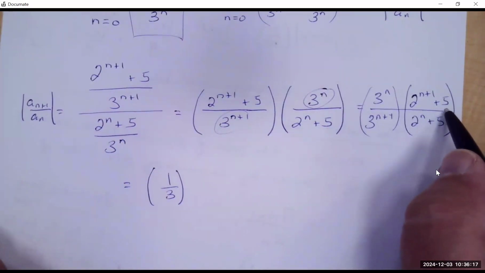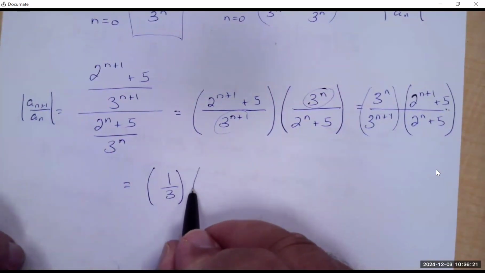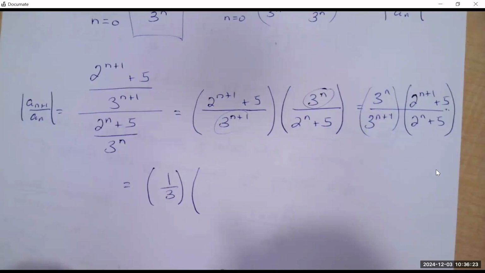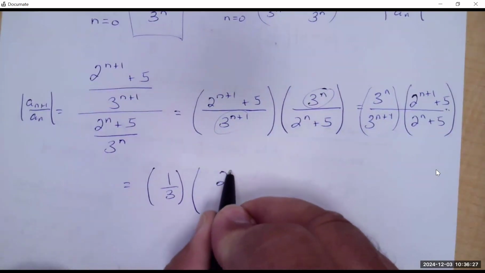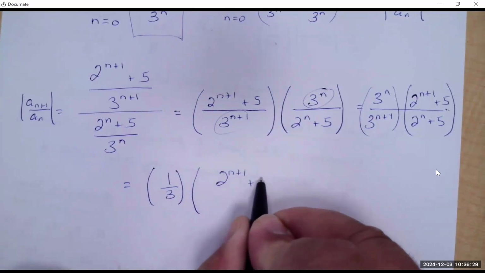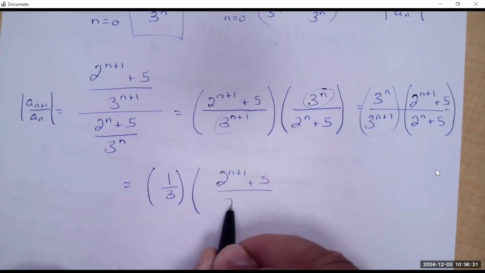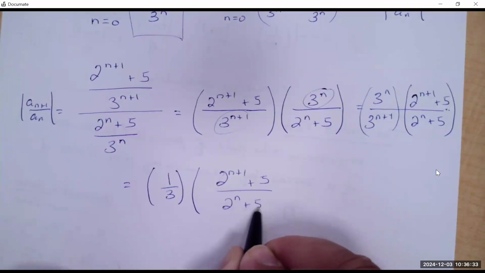Now, what do I do here? I have (2^{n+1} + 5) over (2^n + 5).